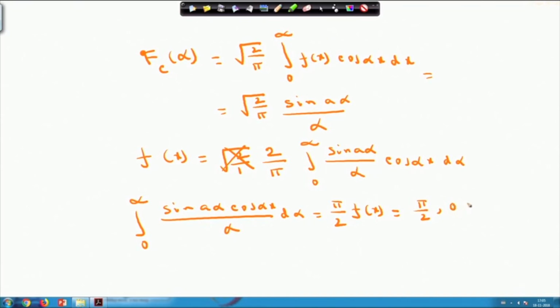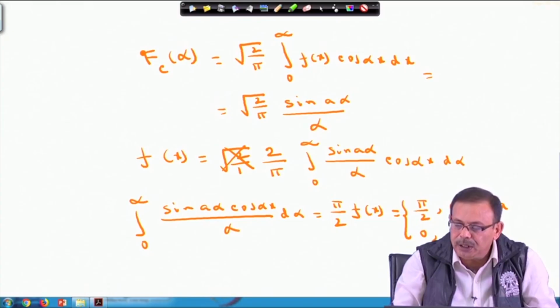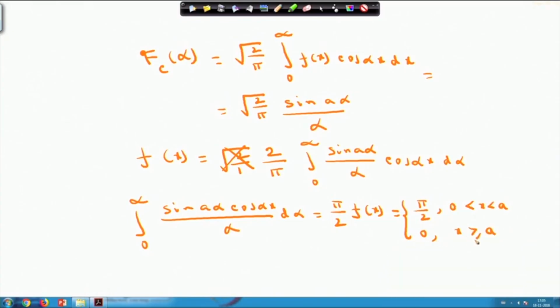So, it will be pi by 2 only in 0 to a, and 0 whenever x is greater than or equal to a. So, the value of this given integral becomes pi by 2 when x lies between 0 and a, and 0 whenever x is greater than or equal to a.